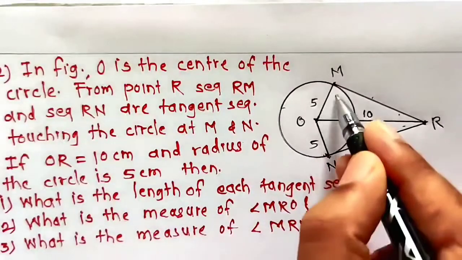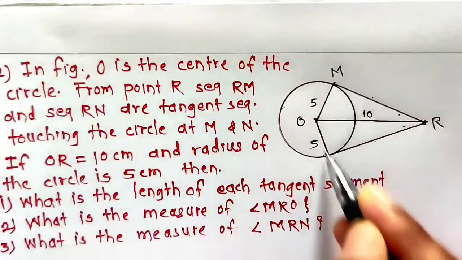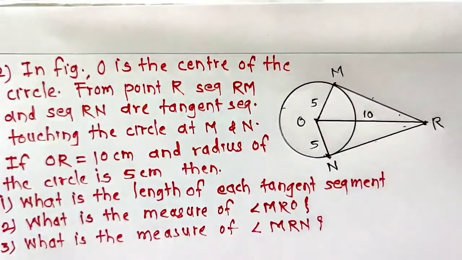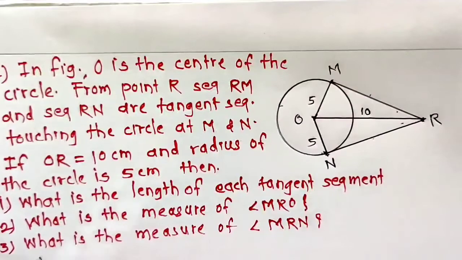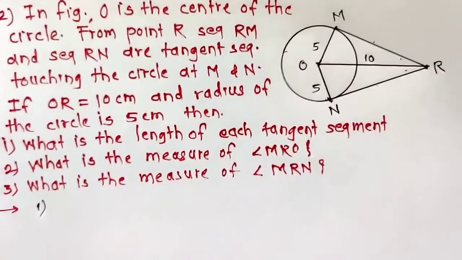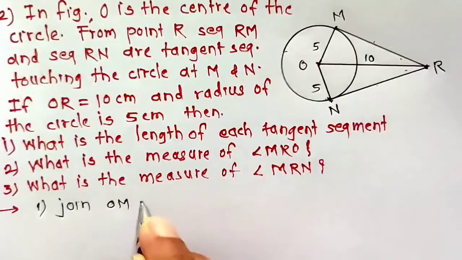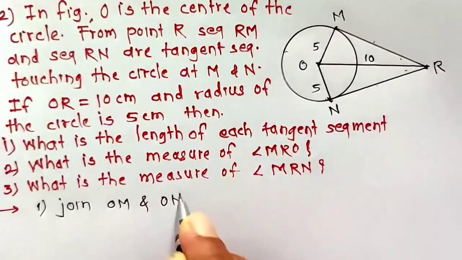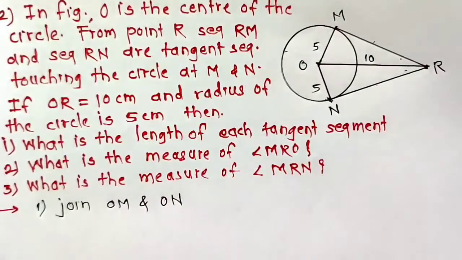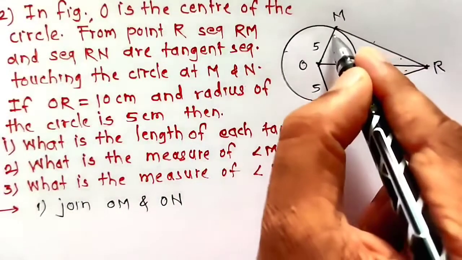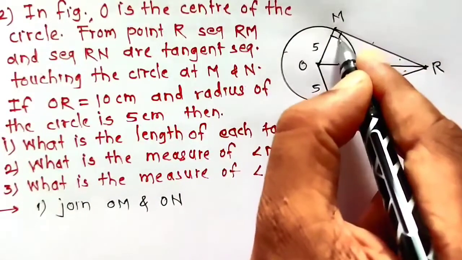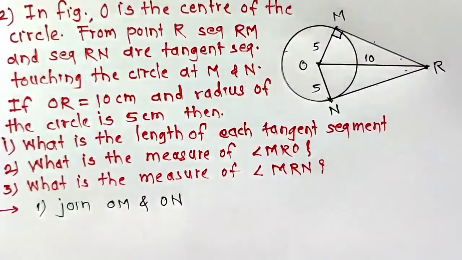First, join OM and ON here. Now if we join OM, ON, angle OMR is 90 degree.